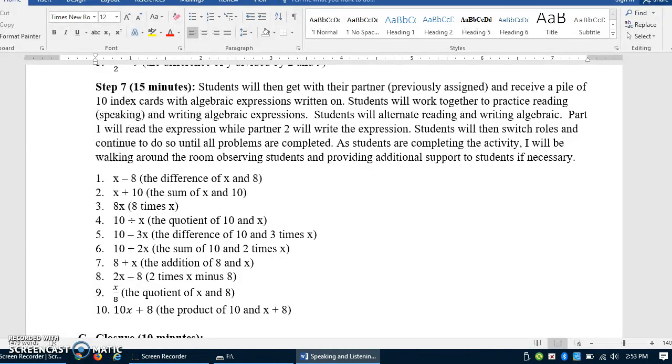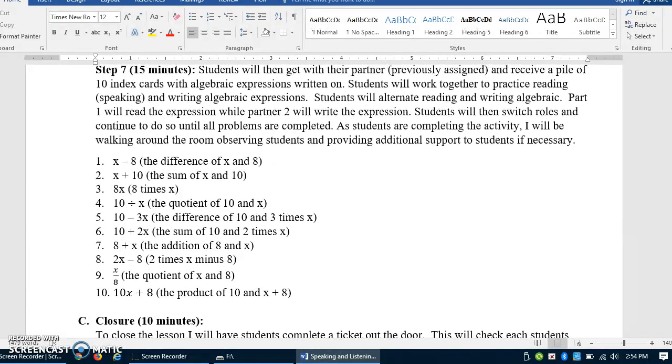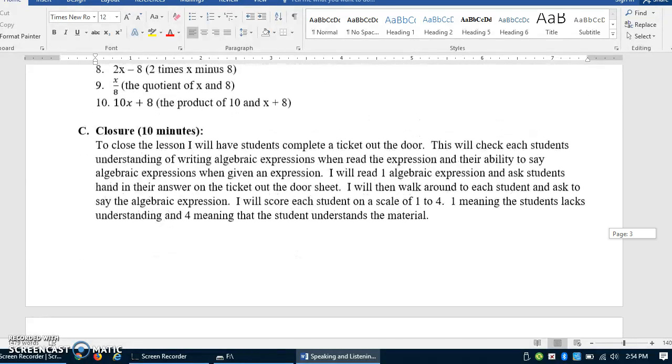Students will alternate reading and writing: partner one will read the expression while partner two is writing it, and they switch roles back and forth. These are examples of some that I would give my students. Obviously, I can add more, take away if time demands it, or provide more difficult ones if needed. It's pretty quick to do and alternate if I need to.